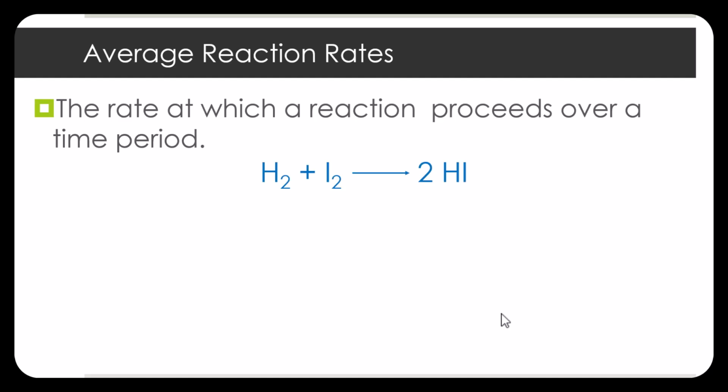In the last video, we learned how to write an equation for the average rate. So go ahead and see if you can write the equation for the average rate for hydrogen. Hydrogen's the molecule we're going to focus on. So see if you can write that.